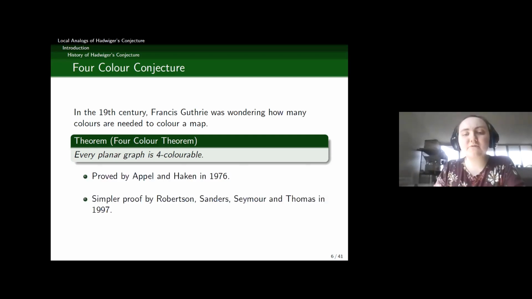So this was proved finally in 1976 by Appel and Haken. And then Robertson, Sanders, Seymour, and Thomas gave a simpler proof in 1997. Still computer assisted, but slightly less long.